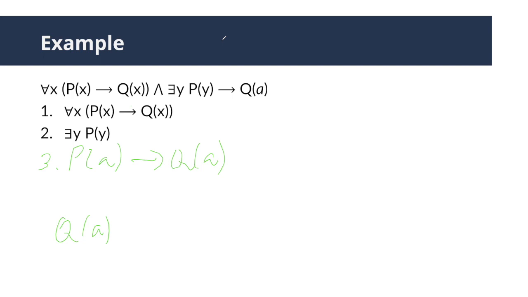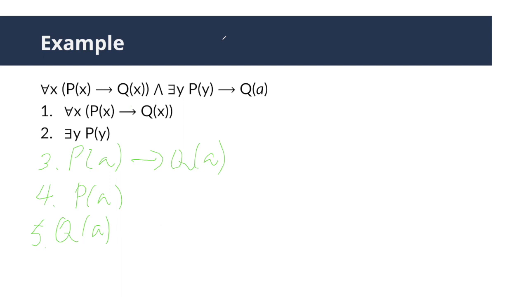Then you can use the existential instantiation rule to imply PA from step 2. And then applying the first inference rule from the propositional logic, combining 3 and 4, you can imply Q of A. So now it seems like you have done the proof.